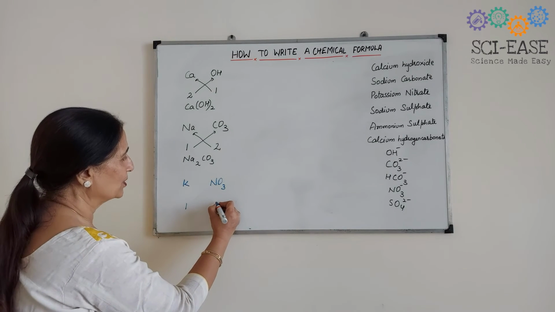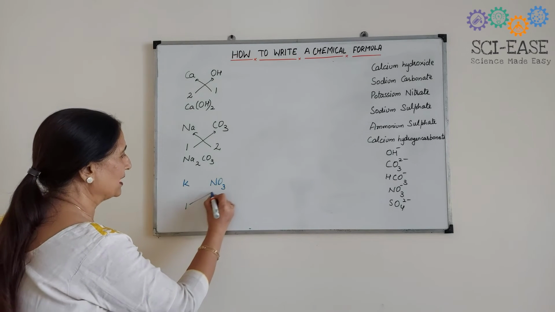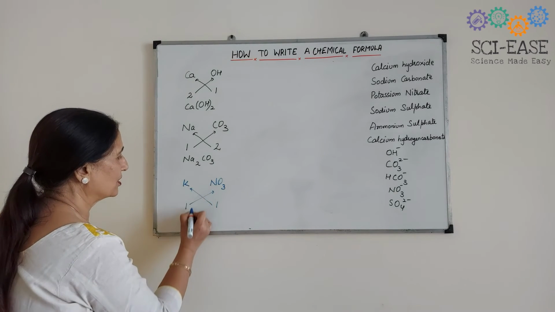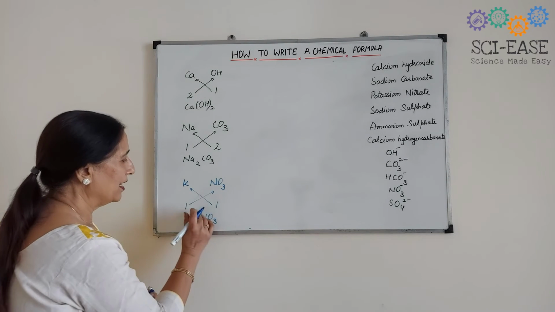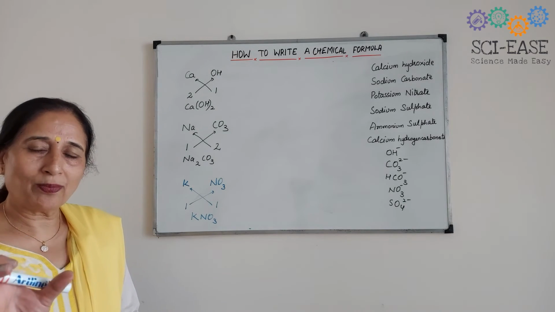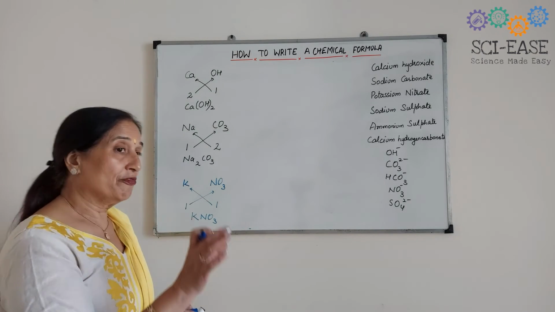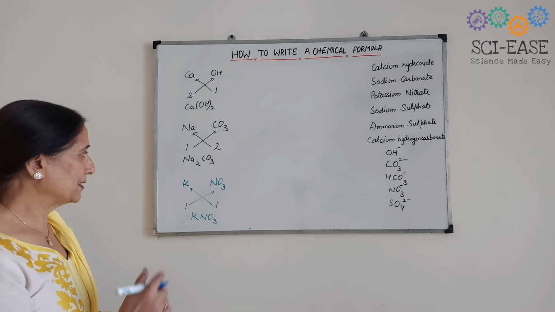Nitrate also has valency -1. So you will write 1 only. Crisscross it. What you will get? KNO3. Here, because it is 1, we are not to write the polyatomic ion in the brackets. But where it is 2 or 3, we are to write that in brackets.